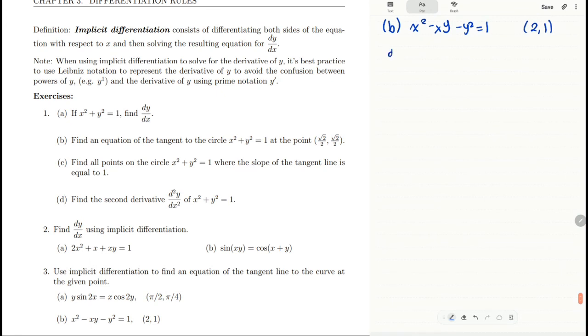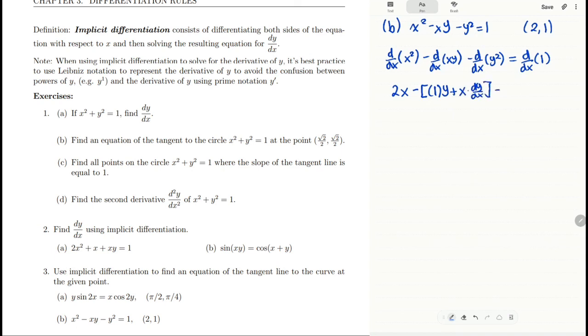So we differentiate both sides with respect to x. So we have the derivative of x squared, which is 2x, minus derivative of x times y. We use the product rule. So this is 1 times y plus x times dy over dx, minus derivative of y squared with respect to x.